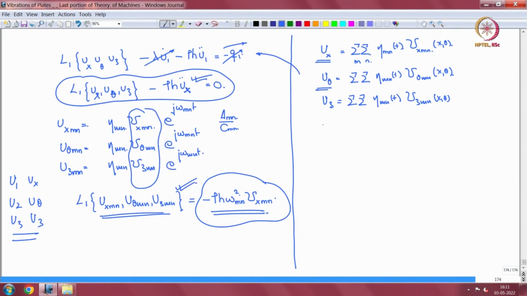If I substitute this into this, and then use this factor, then what I will get is summation over mn of rho h eta mn double dot plus lambda eta mn dot plus rho h omega mn squared eta mn, into Ux mn, is equal to Qx.